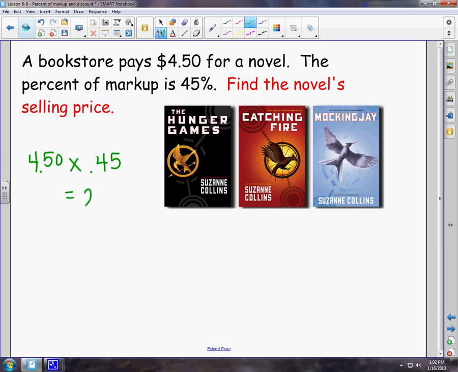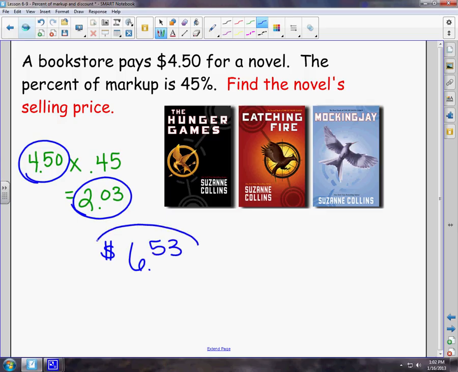So they're marking it up $2.03. Then you add how much they paid for it and their markup, and that gives you the selling price. They're going to sell these books for $6.53. That's the sale price. They paid $4.50 for it, they're going to make $2.03, and they're going to charge you $6.53.